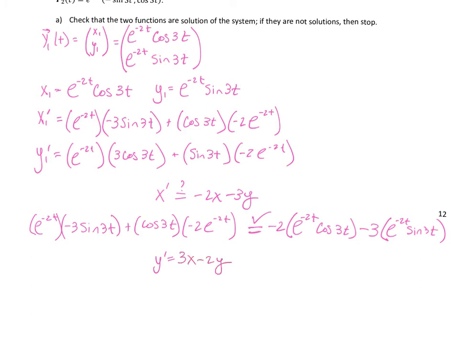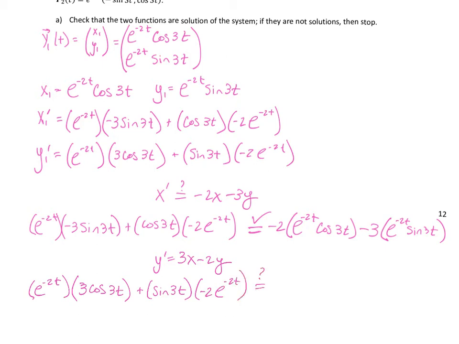Okay, so y prime, we calculated it. It was e to the negative 2t times 3 cosine 3t plus sine 3t times negative 2e to the negative 2t.